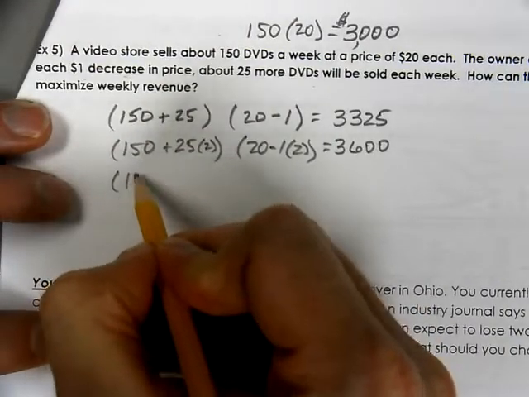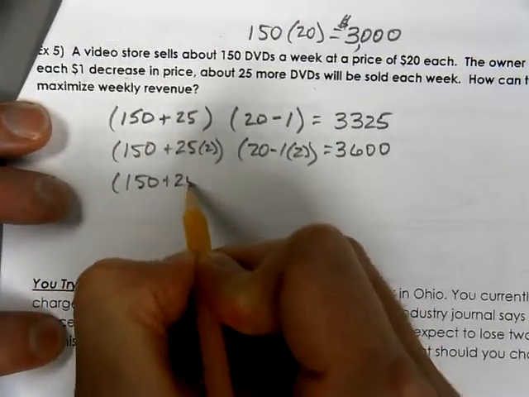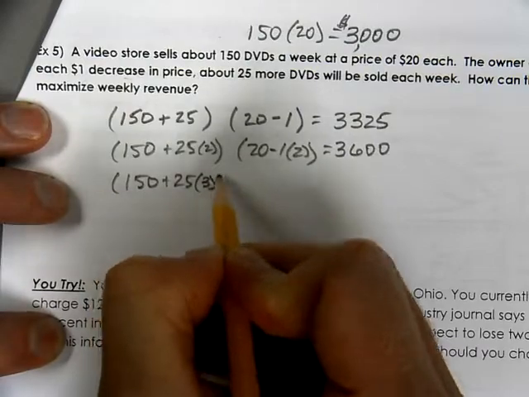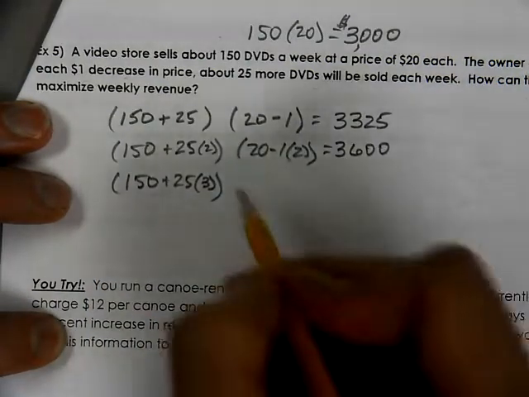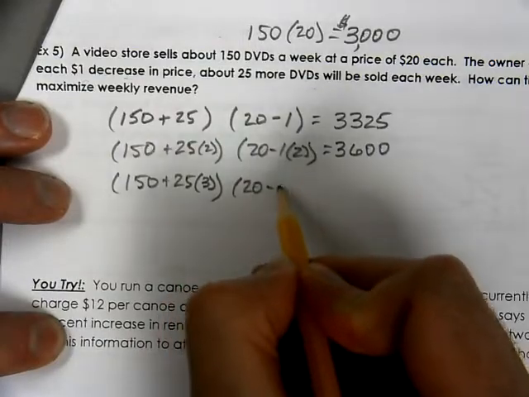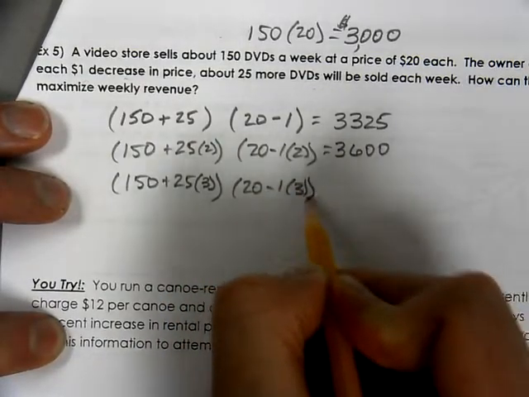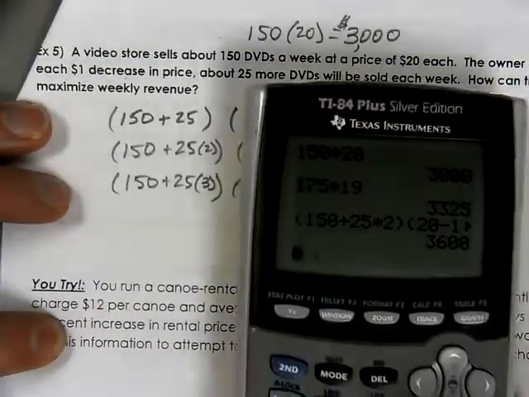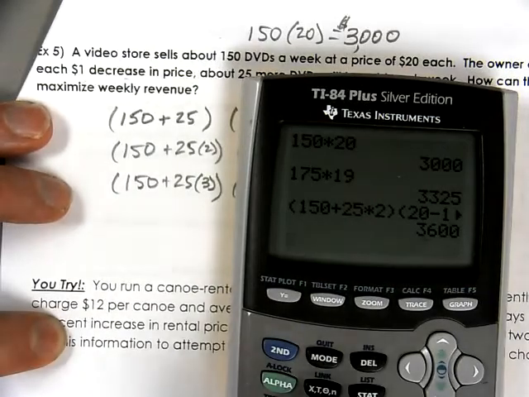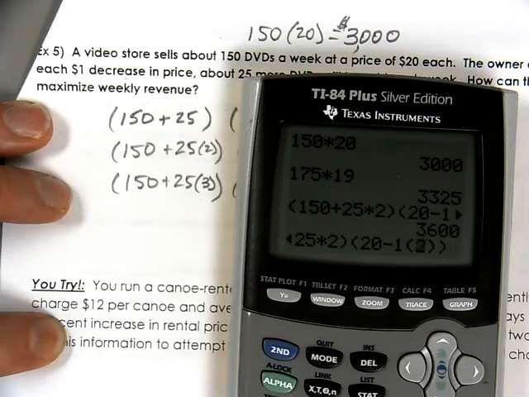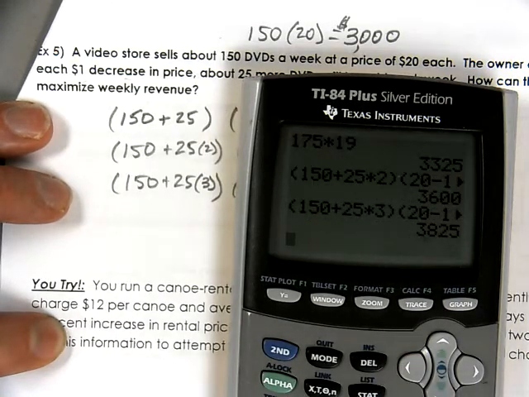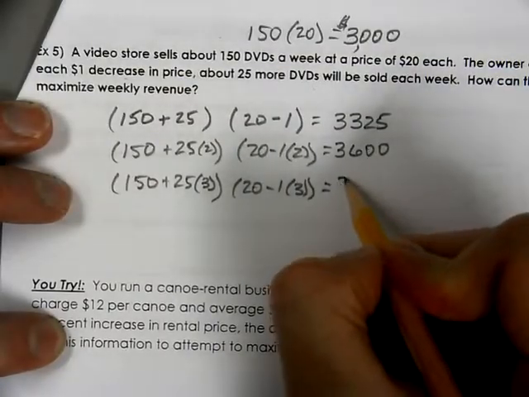And we'll do it again. We can sell even more videos by decreasing by $3. Now we're at 3,825.